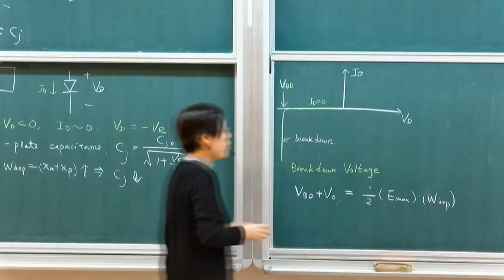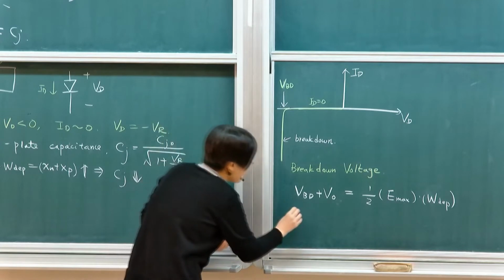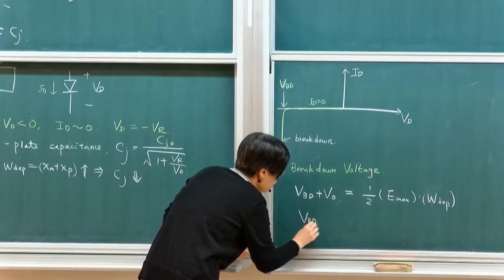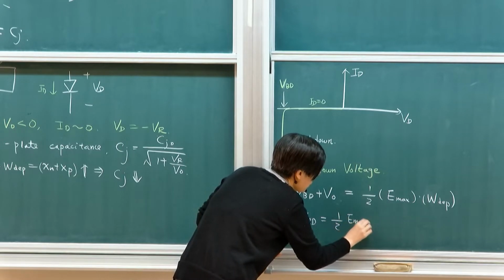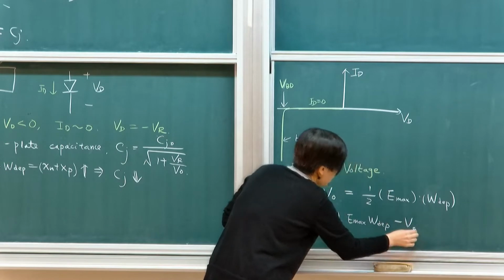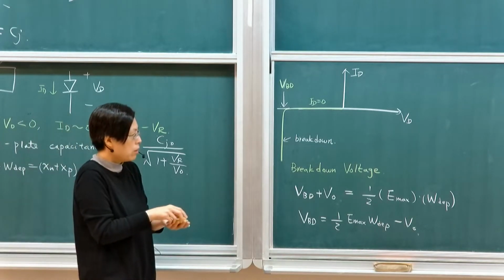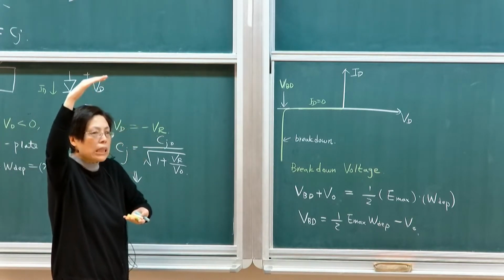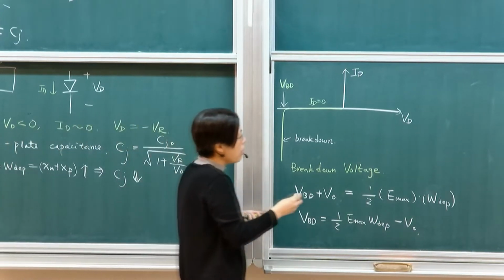So what determines your breakdown voltage is essentially 1/2 E max W depletion minus your already built-in potential.